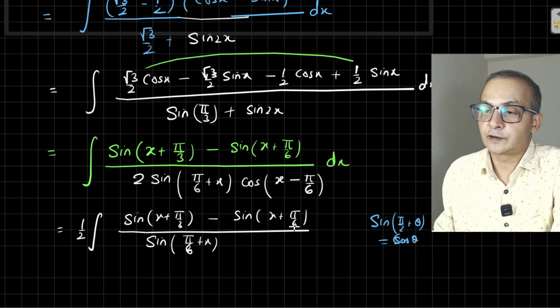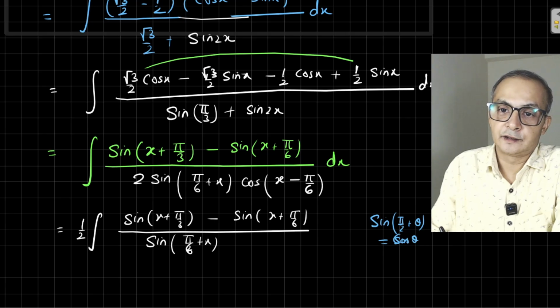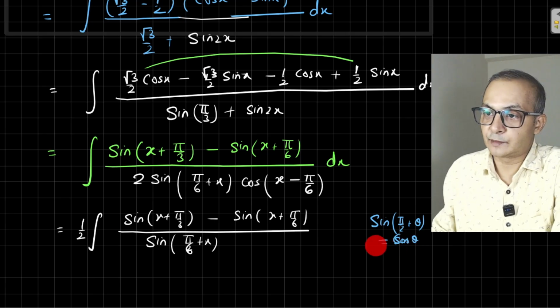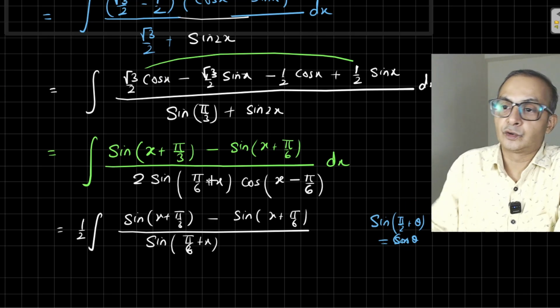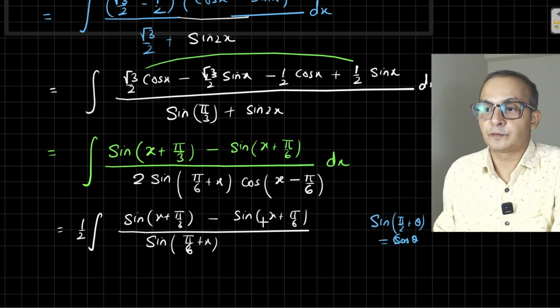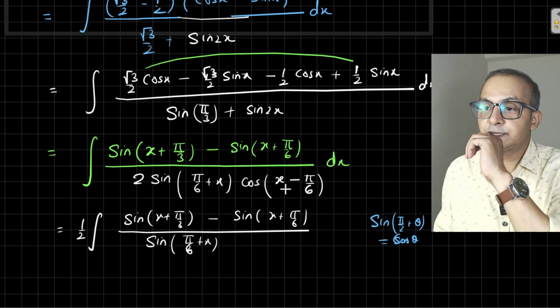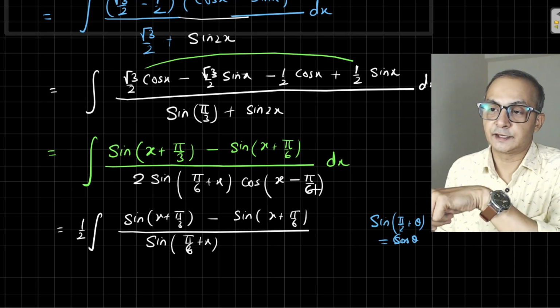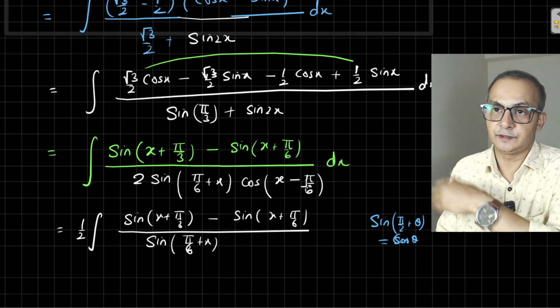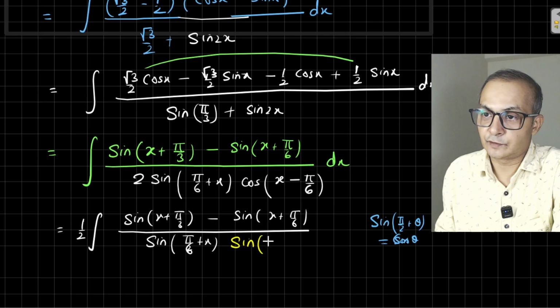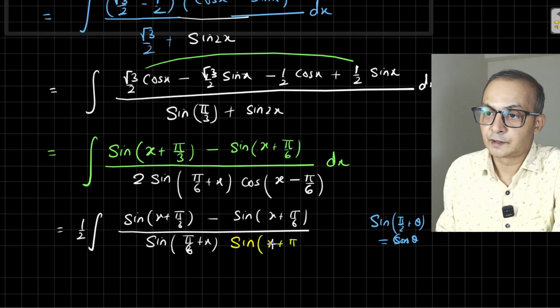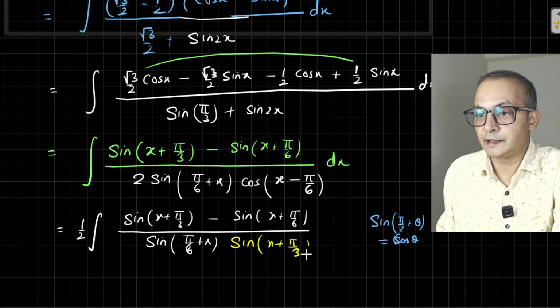So why not write this cos theta in reverse order: cos theta as sine of pi by 2 plus theta. So once you write it, you get sine of pi by 2 plus x minus pi by 6. So this will give you x plus pi by 3. And that's the target. So I'm getting sine of x plus pi by 3 there.